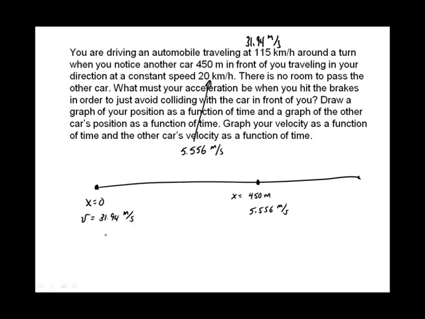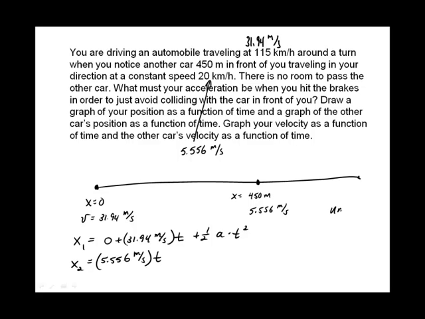So I'm going to have an acceleration. It's going to be negative. So my position x1 equals 0 plus 31.94 meters per second t plus 1/2 acceleration times t squared. I don't know what that acceleration is. x2 is equal to 5.556 meters per second t.